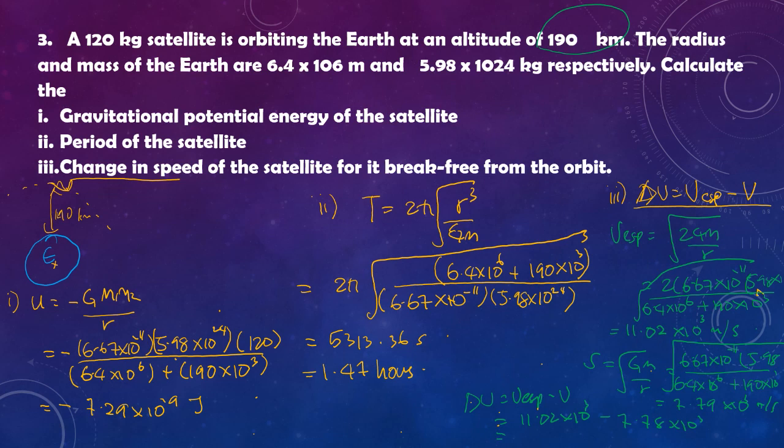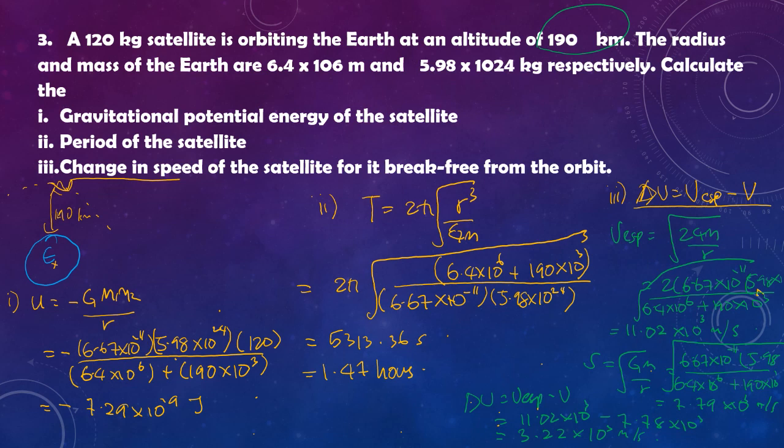The difference of the speed is about 3.22 times 10 to the power of 3 meters per second. The speed of the satellite is about 7.78 times 10 to the power 3, or 7,000 meters per second.